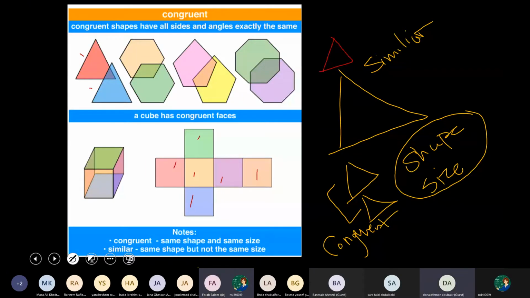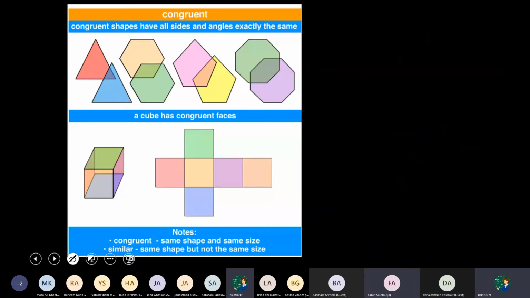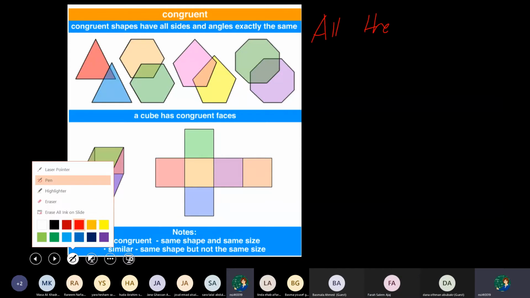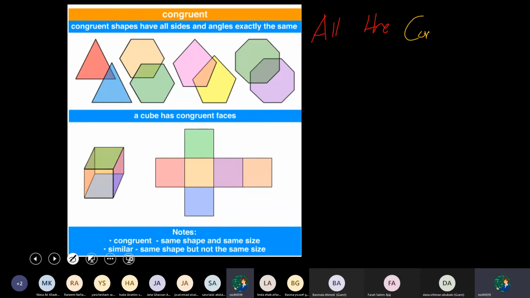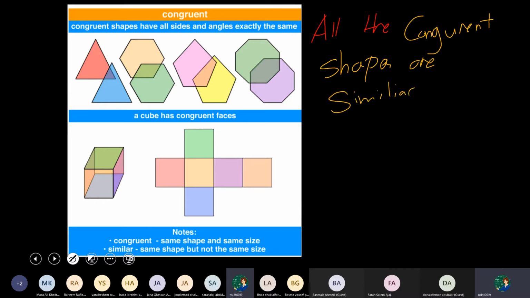Girls, I will repeat my question. All the congruent shapes are similar. That means if I'm talking about these two shapes, they are congruent.